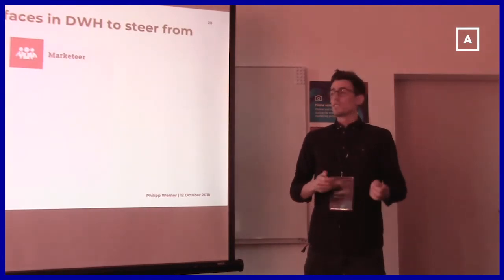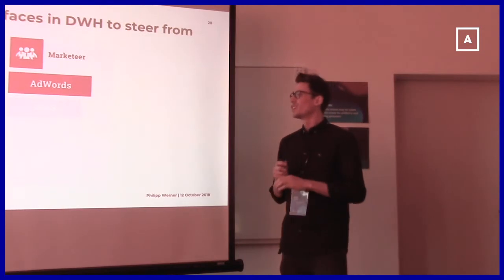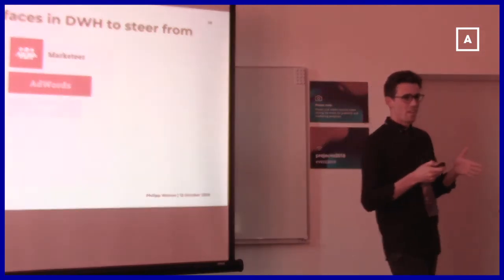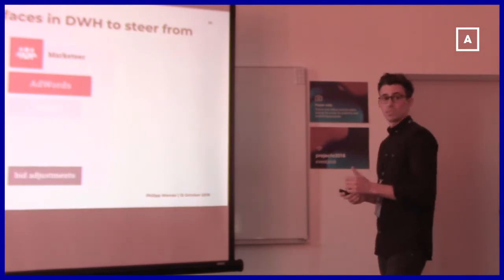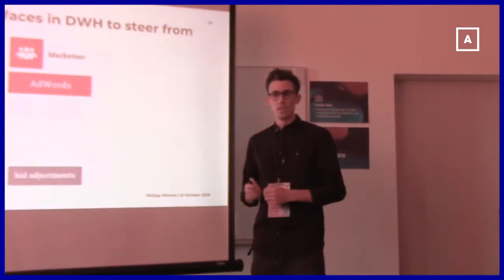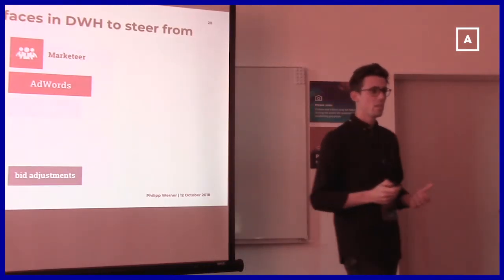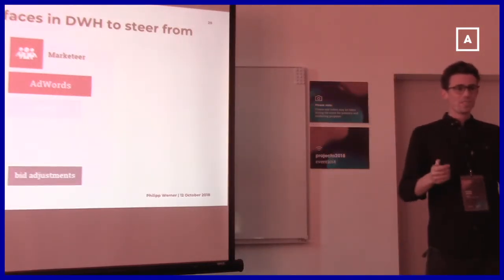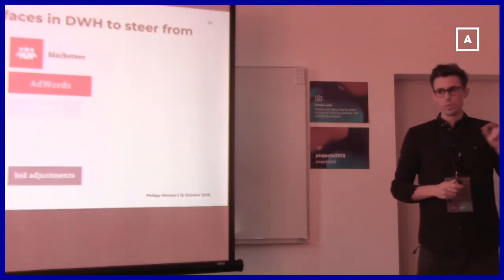And then the marketer switches to the operational system, so AdWords. He ignores the data that he sees there, and basically does only the action, which is, for example, the bid adjustments in AdWords. So here we're already asking quite a bit of a marketeer. We ask them to ignore what he sees in AdWords, so basically switch around between the two interfaces.